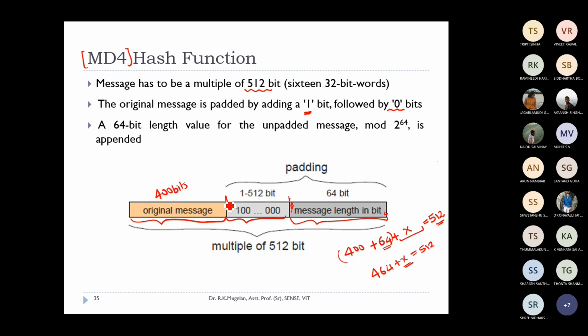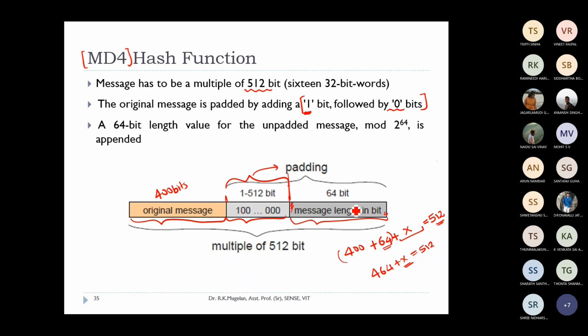In this diagram, they mentioned this entire thing as padding, but actually speaking, this alone is padding, because padding means I should have 1 followed with 0s alone. This last 64-bit is used to convey my original length of the message, because padding alone will have 1 followed with the rest of zeros.